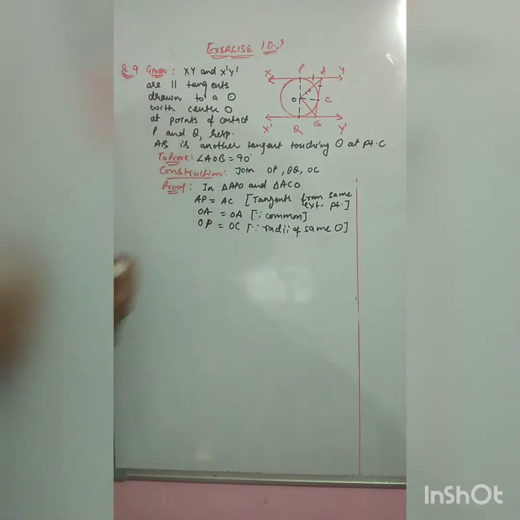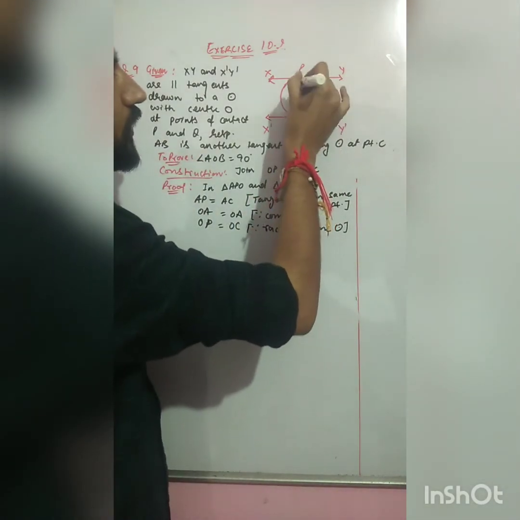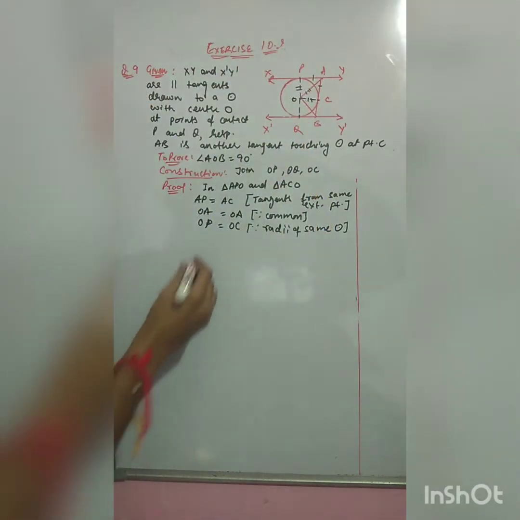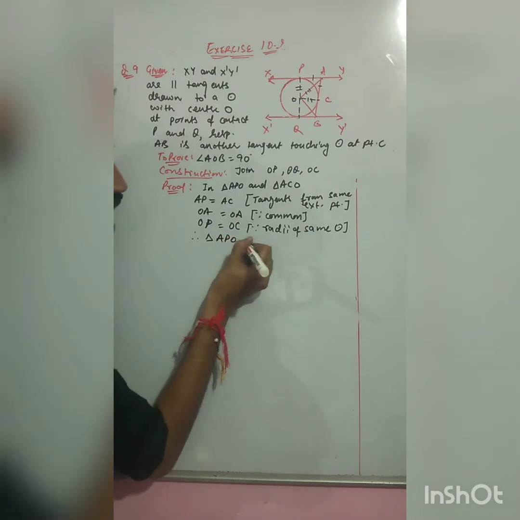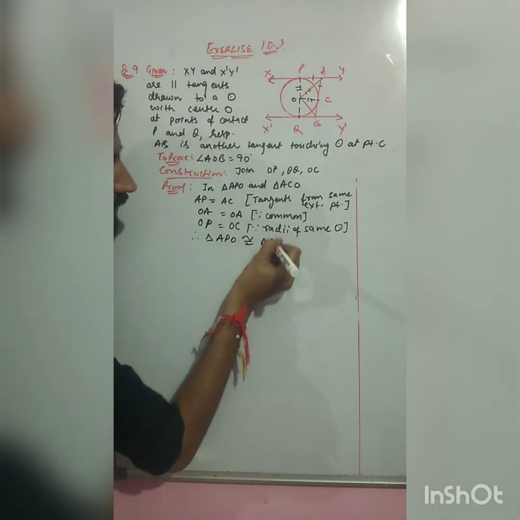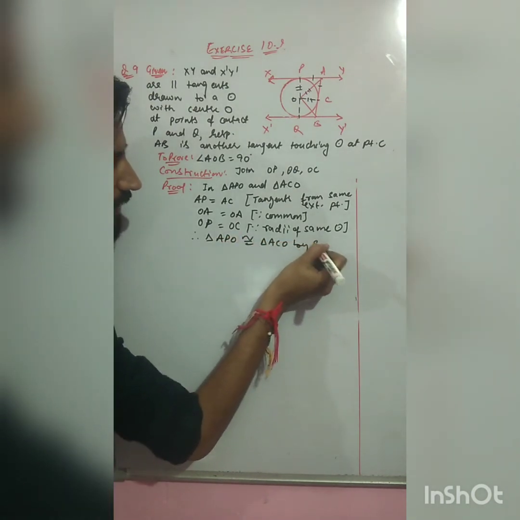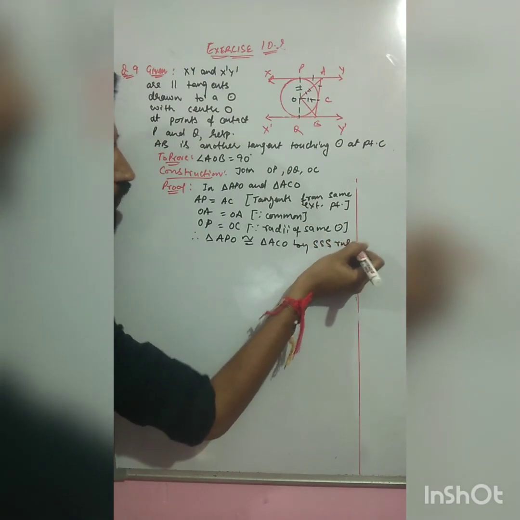Since three sides of the triangles are equal, these two triangles would be congruent. Therefore triangle APO is congruent to triangle ACO by SSS rule.